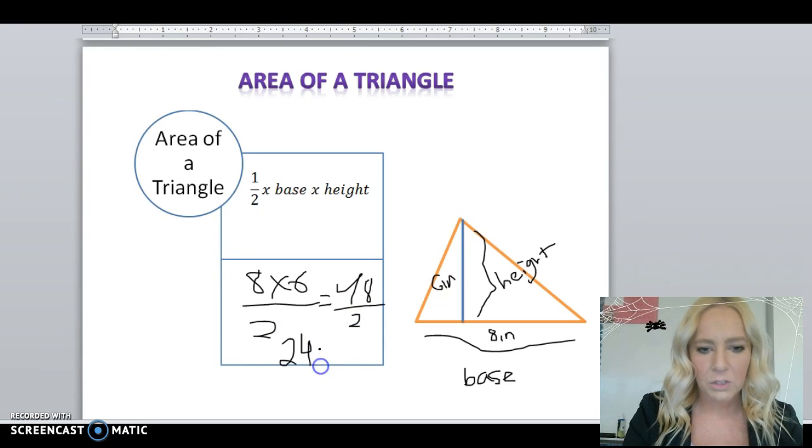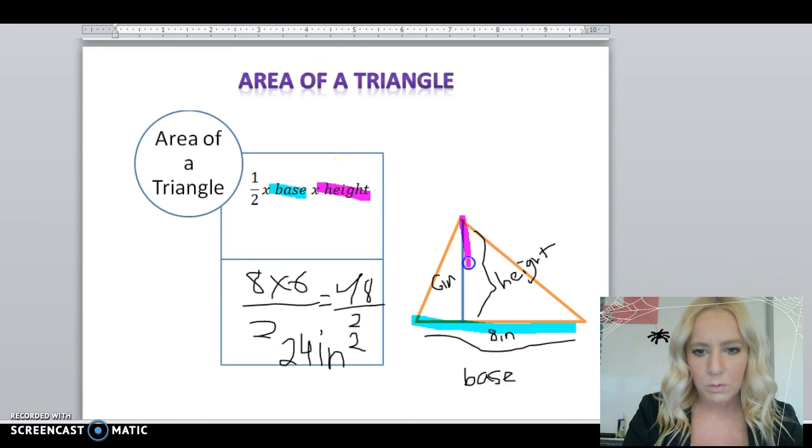Units are important. Inches cubed. If you want to go back and highlight your base and your height, you can also do that as well to color code the parts of the circle.